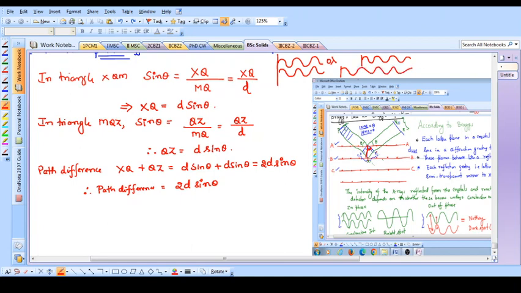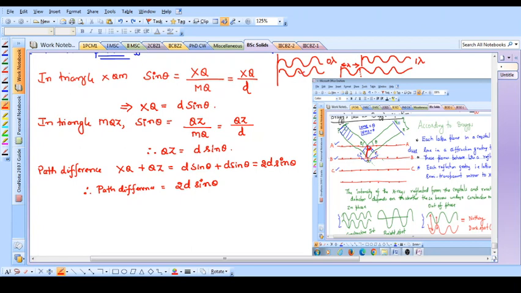You can see that the second wave has traveled an extra distance. How much extra distance? Okay, which is equal to one wavelength lambda. So the second wave has traveled an extra distance of lambda compared to the first wave, but still you can see that the two waves are in phase with each other. So here the path difference is 1 into lambda, but still they are in phase with each other.